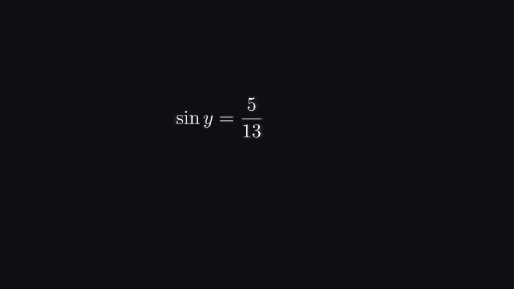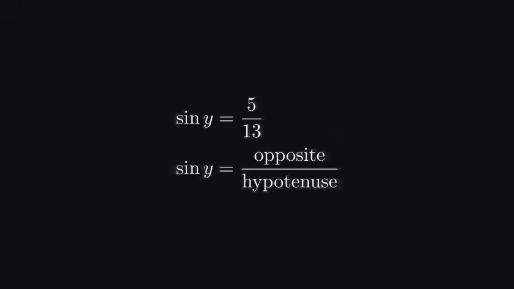Sin of y equals 5 over 13. Sin of y equals opposite over hypotenuse. This implies opposite equals 5.